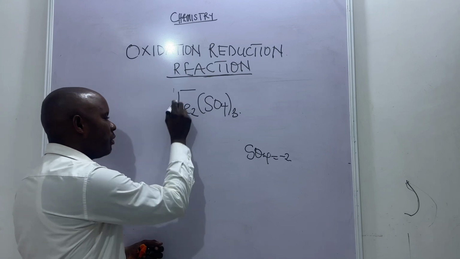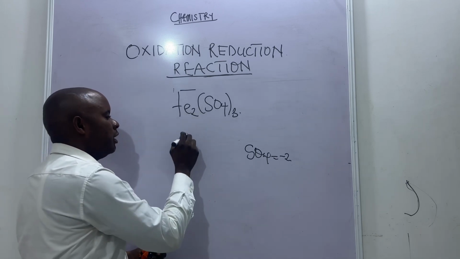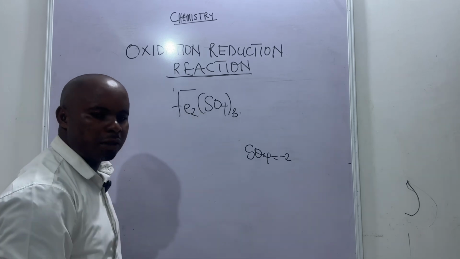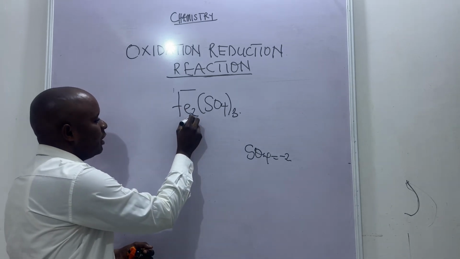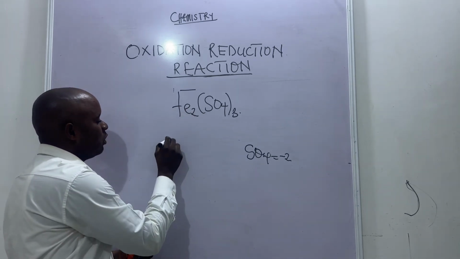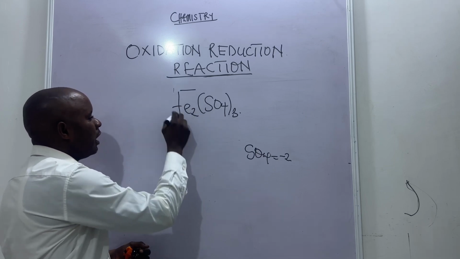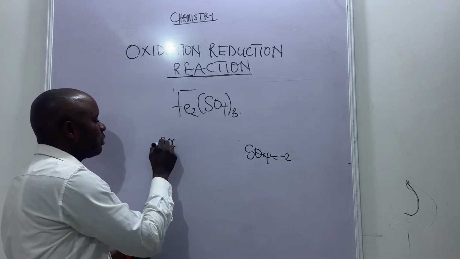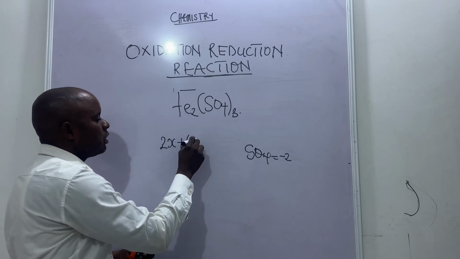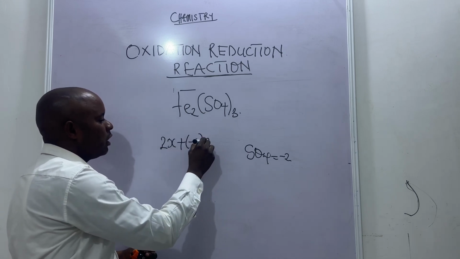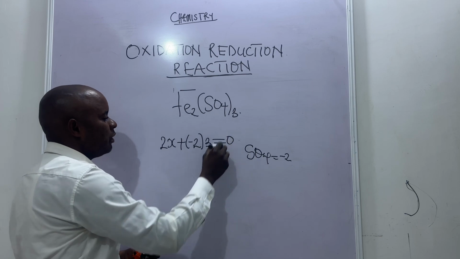Here we want to know the oxidation state of iron, because iron exists in 2 forms, +2 and +3. Let's make this iron to be S. That is, we have 2S here plus -2, which is the sulfate, times 3. We are going to equate it to 0.